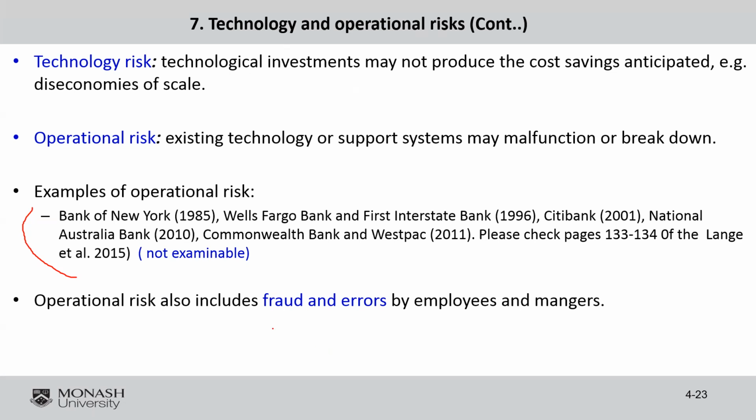Operational risk, as I told you, includes either intentional misuse, which is fraud, or unintentional errors, like human errors. And this can happen by the managers and the employees.